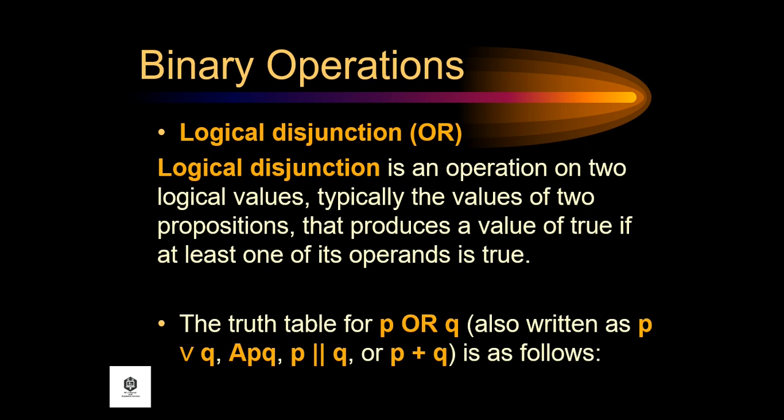For logical disjunction, logical disjunction is an operation on two logical values, typically the values of two propositions, that produces a value of true if at least one of its operands is true. The truth table for P or Q, also written as you can see on the screen, is as follows.